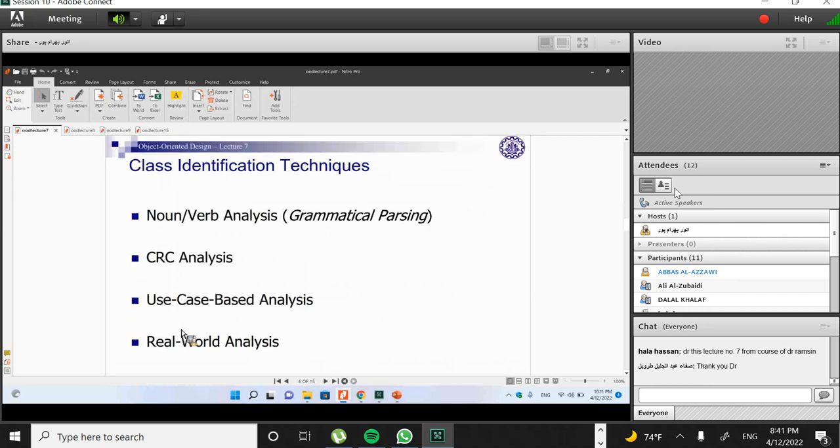As you know, I remembered four techniques to identify analysis classes.